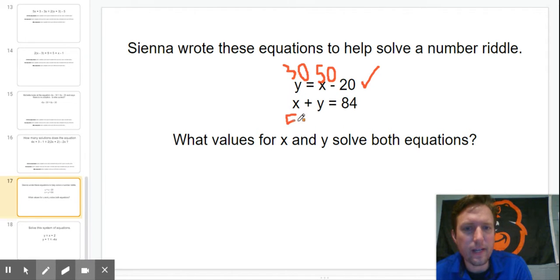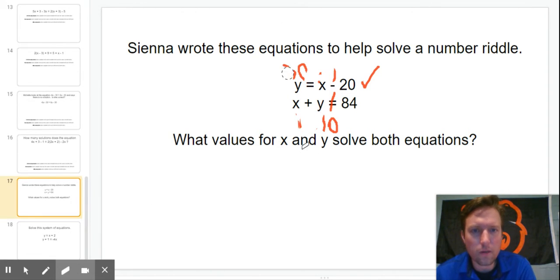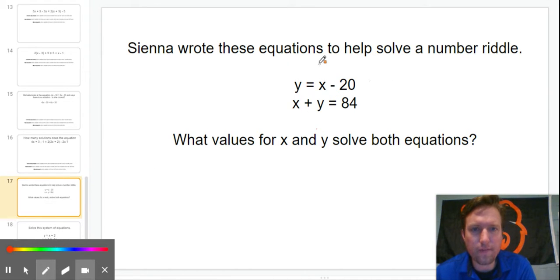If I took 50 plus 30, that is going to give me 80, which is close, but not equal. So I have not found a solution for both equations yet. But we're getting closer. Let's try 52 and see what happens.